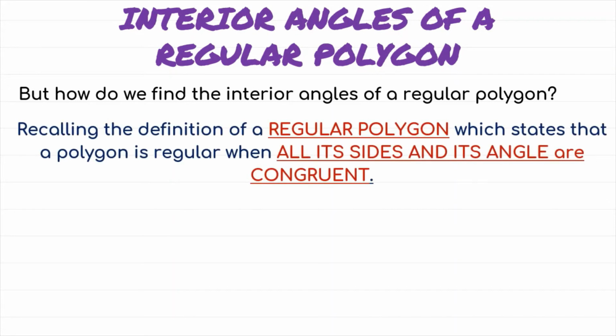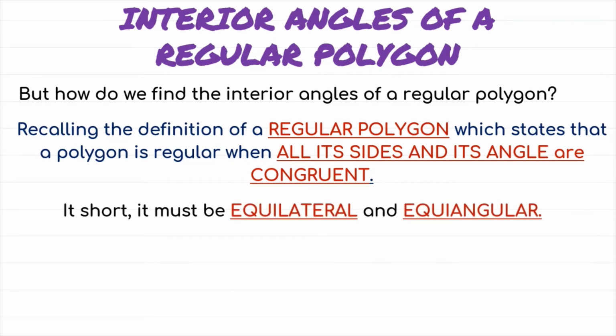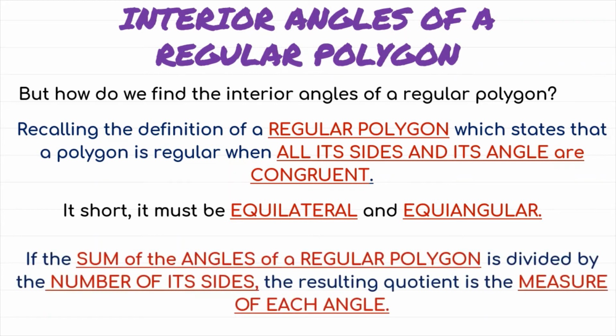So, recalling the definition of regular polygon, which states that a polygon is regular when all its sides and its angles are congruent. So, in short, it must be equilateral and equiangular, as I said before. And then, if the sum of the angles of the regular polygon is divided by the number of its sides, the resulting quotient is the measure of each angle.